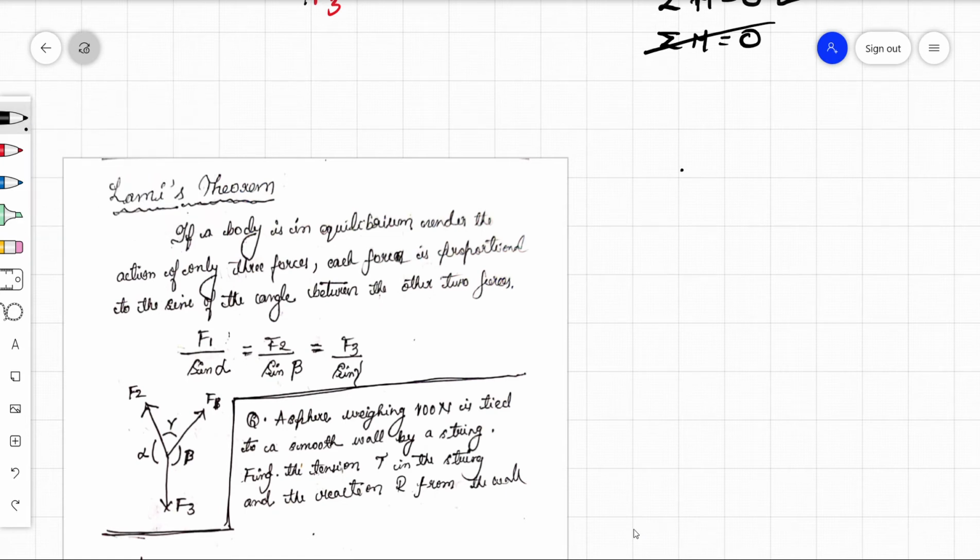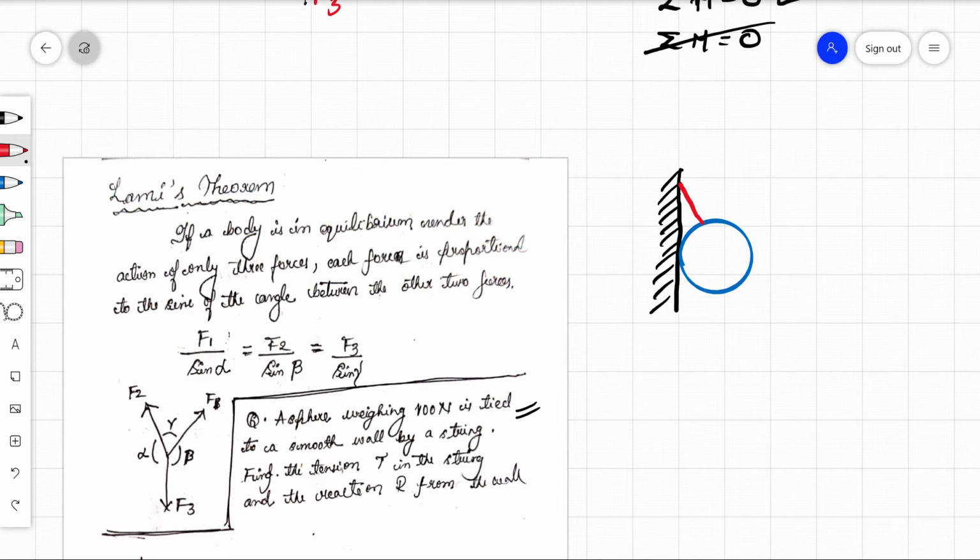So the only question that will be there is like this, there is nothing else. There will be a wall, and there will be a sphere that is attached with the help of a string.